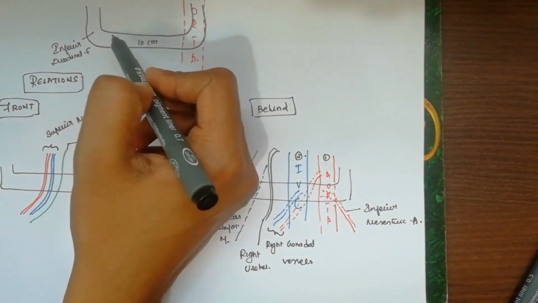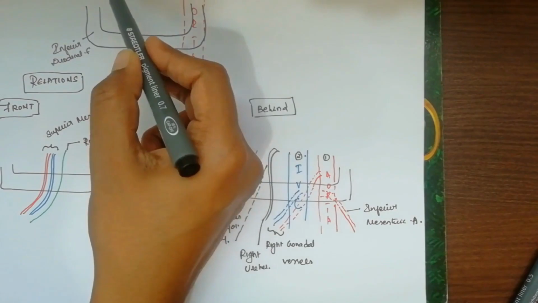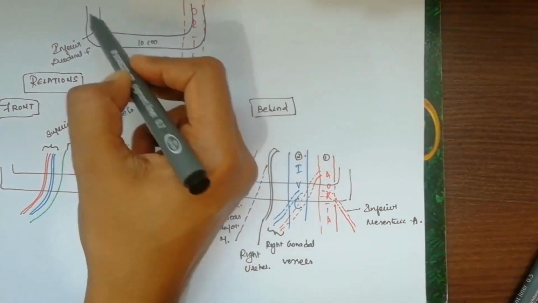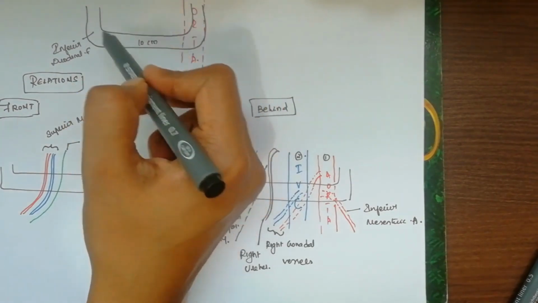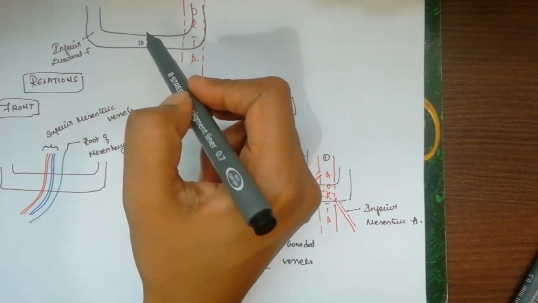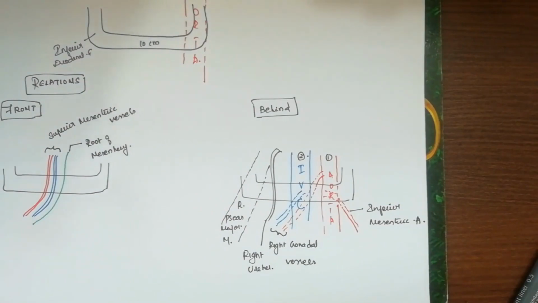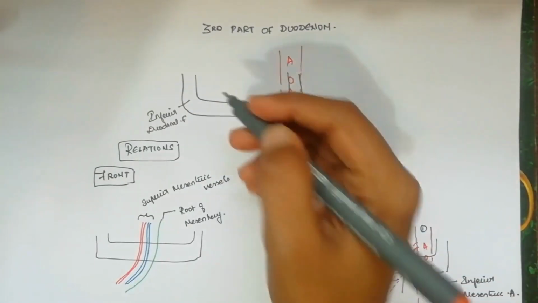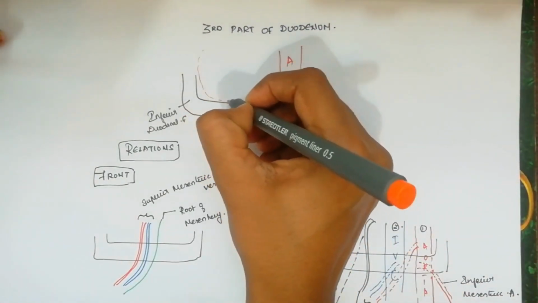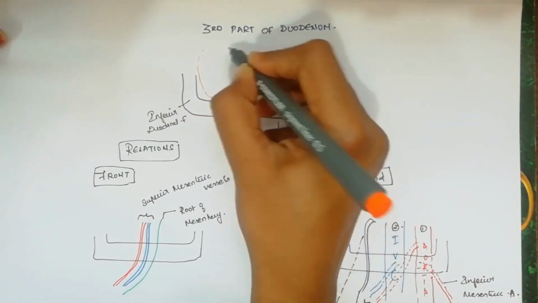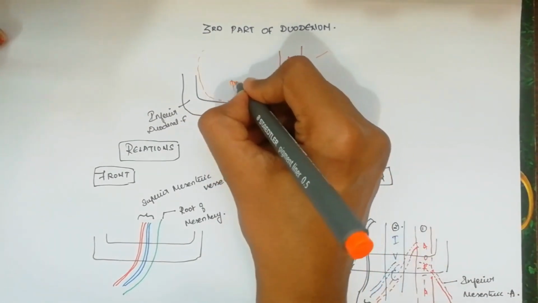And here you can mention we have got above the third part the head and neck of pancreas. You know, in this curve we have got head and neck of pancreas, that also you can mention as above structure. So above we have got pancreas.